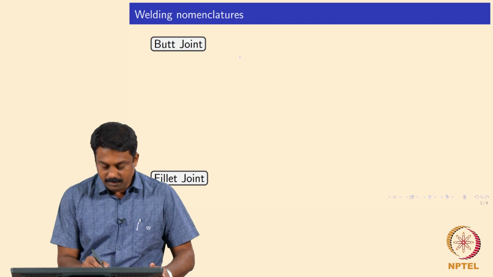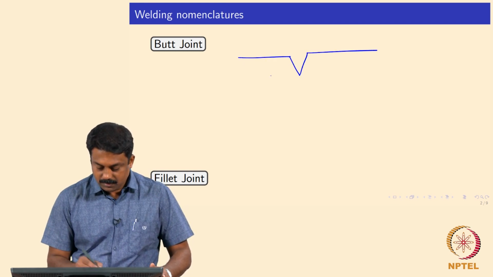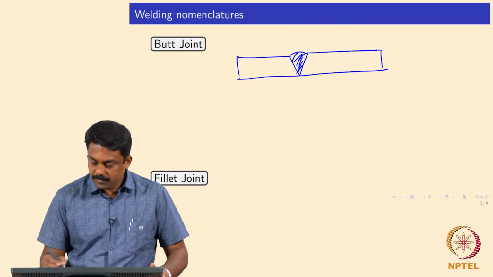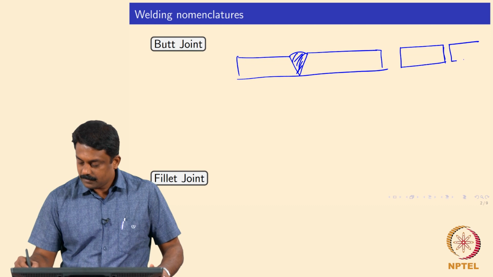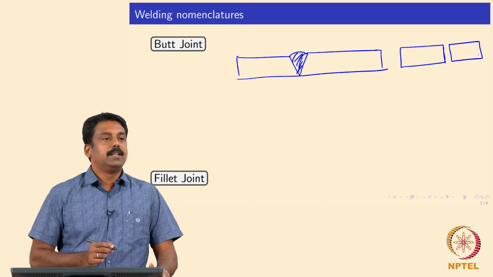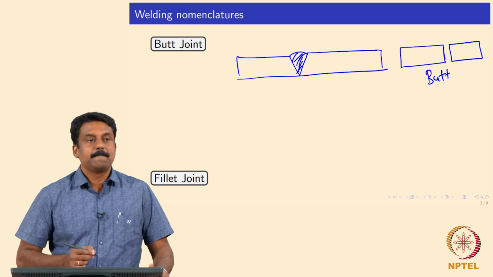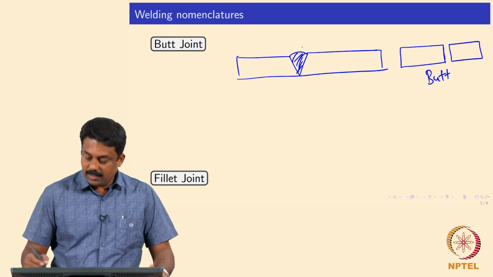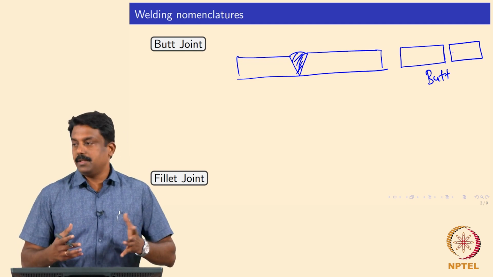For example, this is a butt joint with V groove. You join two flat surfaces, and these joints are known as butt joints, and you can make the joint design based on the need and the geometry you need.